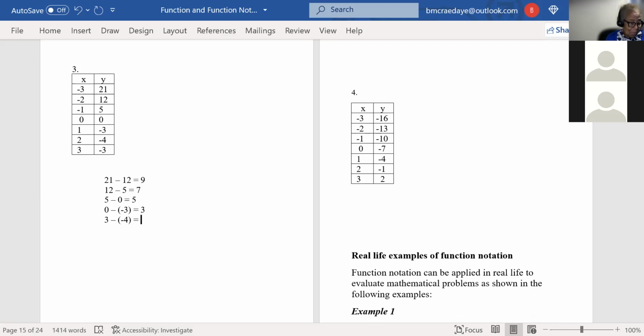A minus minus is a plus, so 3 minus a minus 4 is 3 plus 4, which is 7.